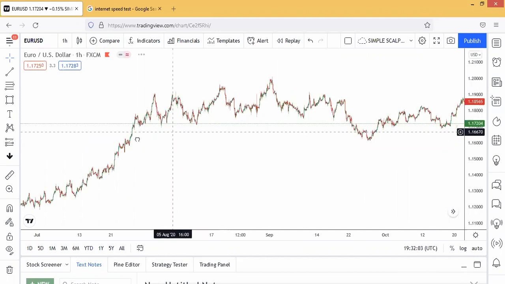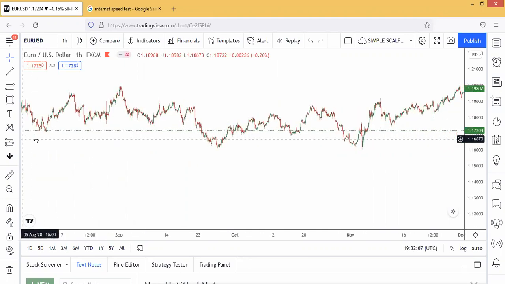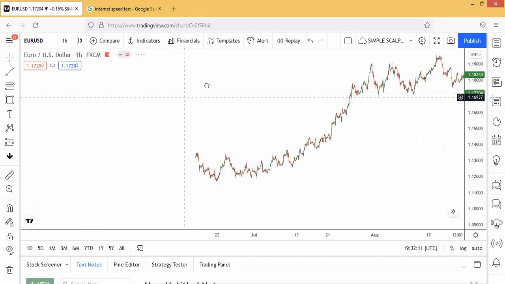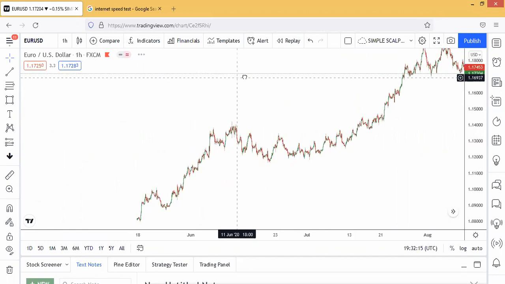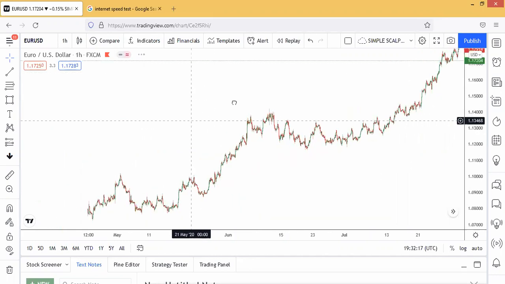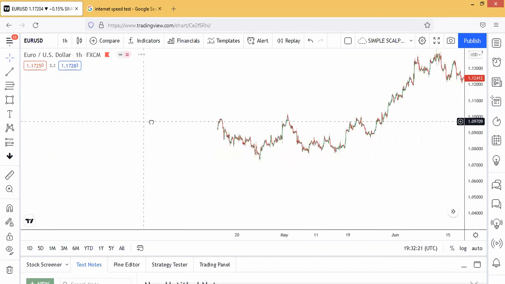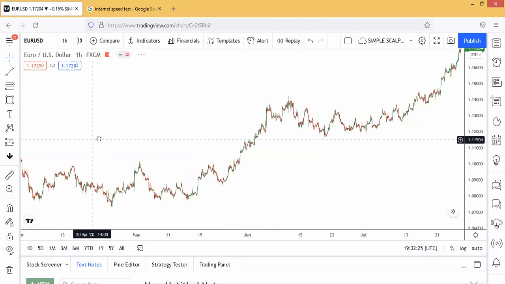Looking out for a range market that breaks to the upside. So that is where we're going to make a huge example. Okay, I think I've seen one, but not so clear. Let's go back in time and see if we can find something more meaningful.